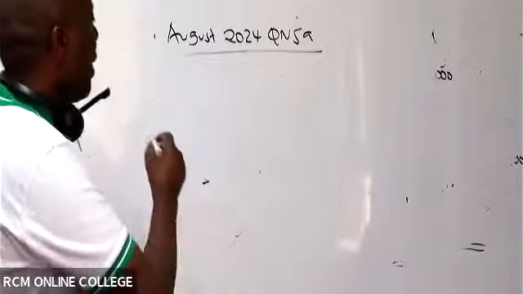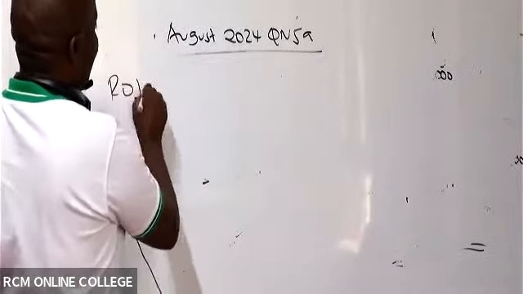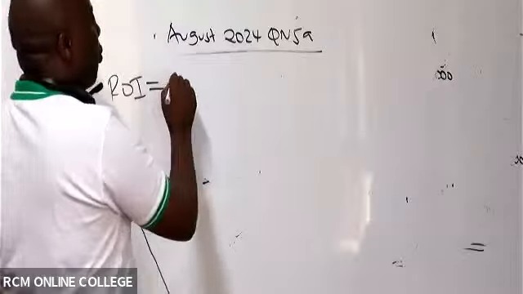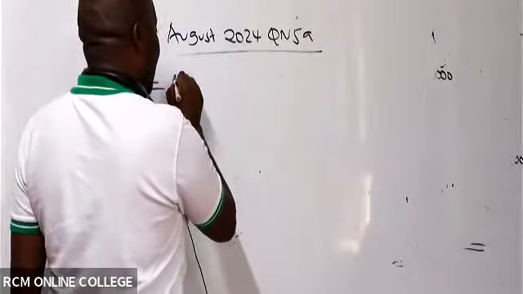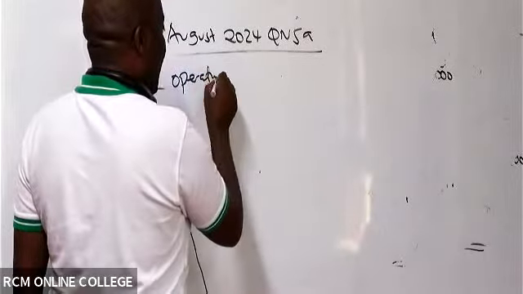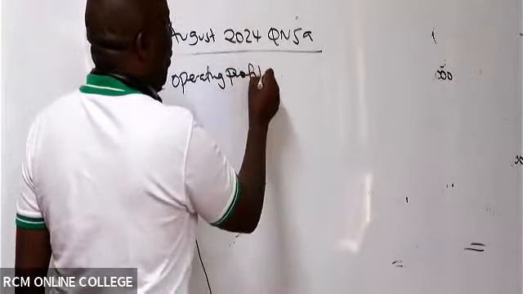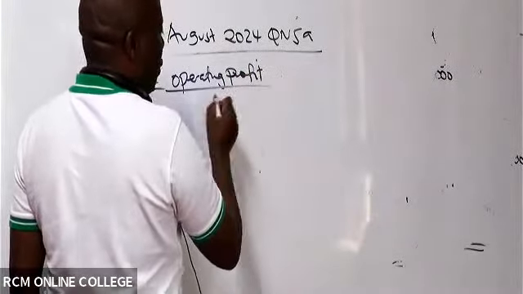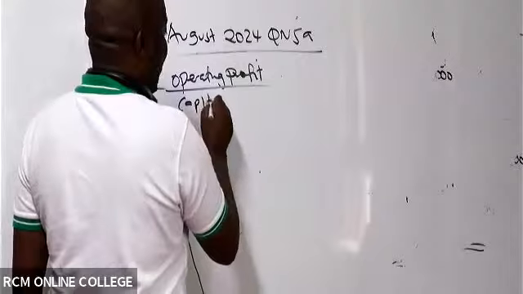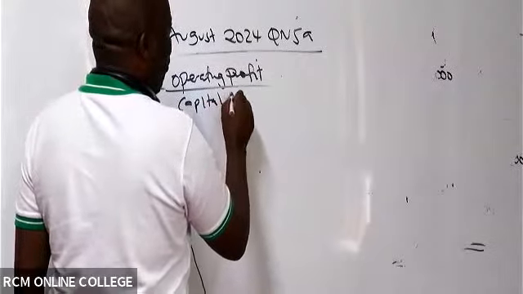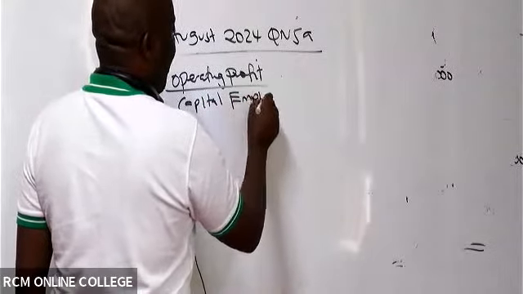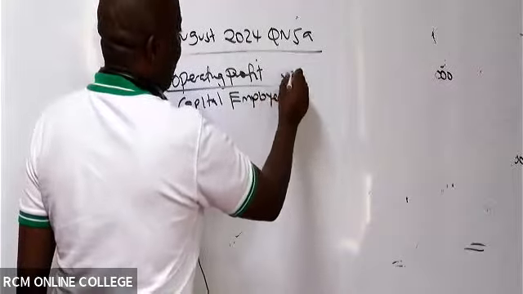For us to get ROI, ladies and gentlemen, we normally take, in this case, preferably operating profit. Whenever you have many profits, always work with operating profit. So operating profit over capital employed times 100.